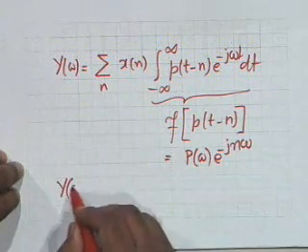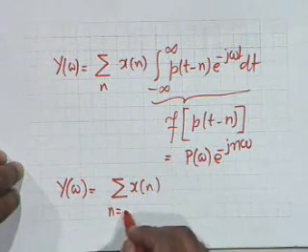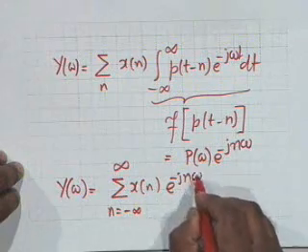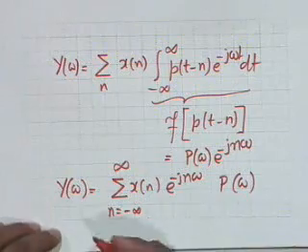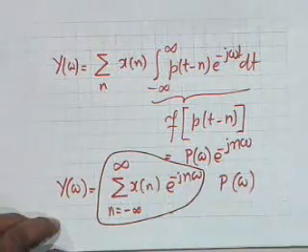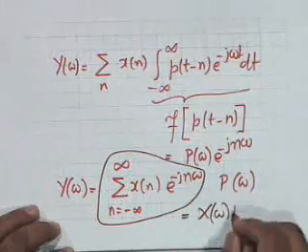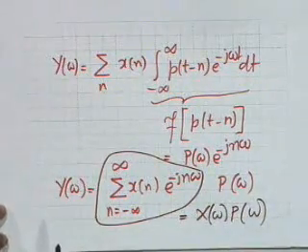Therefore my capital Y of omega becomes summation of x of n from minus infinity to plus infinity e to the minus j n omega, and as far as P of omega is concerned, it is a constant as far as the summation is concerned, and this you recognize as the DTFT, but not with an argument of capital omega. The argument is small omega, and therefore this is capital X of omega times P of omega. Many of you wrote this as capital omega, which is obviously wrong.